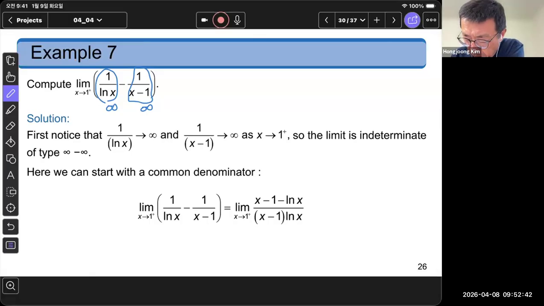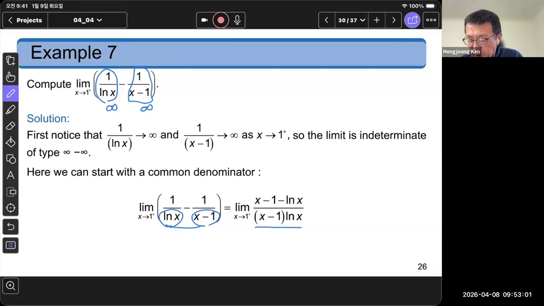The common denominator will be the product of log x and x minus 1. If I merge them, this is the expression.